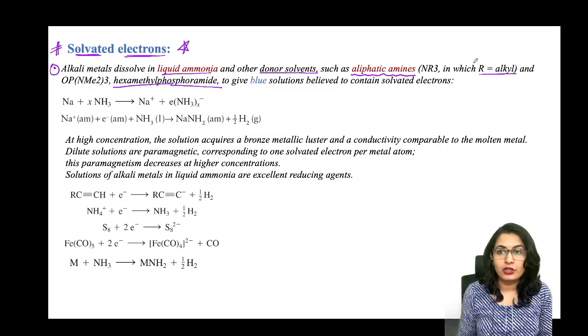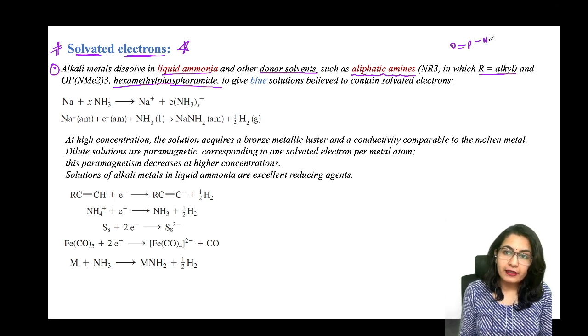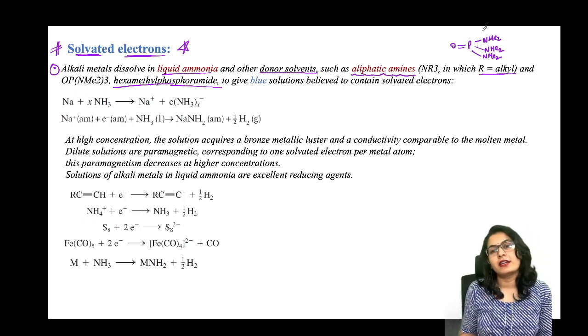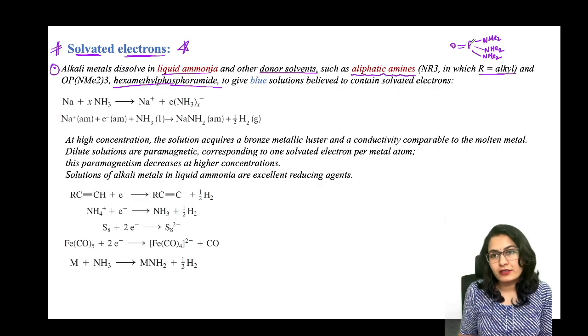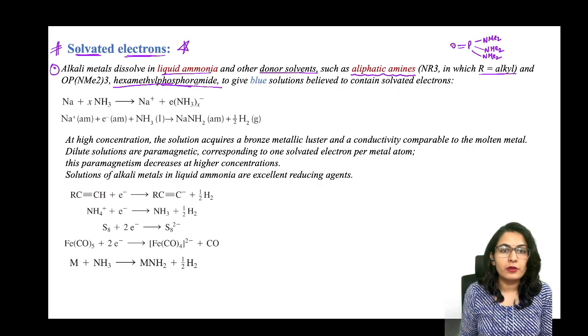So what is the structure of hexamethyl phosphoramide? See, in this, like this. So this is like an amide only because if I put a carbon over here, it will become an amide. So that's why it's a phosphoramide.